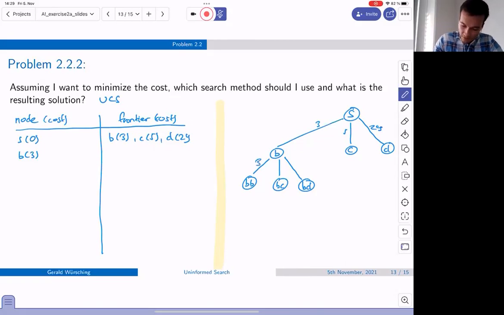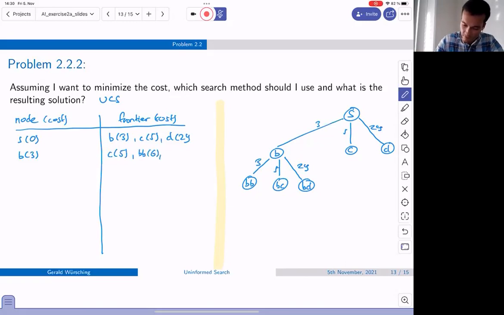Okay, so we have 3, 5, and 29 again. Now our frontier, we sort the frontier again according to costs. So C5 is the least cost. The next one is BB, which is 3 plus 3, so 6.